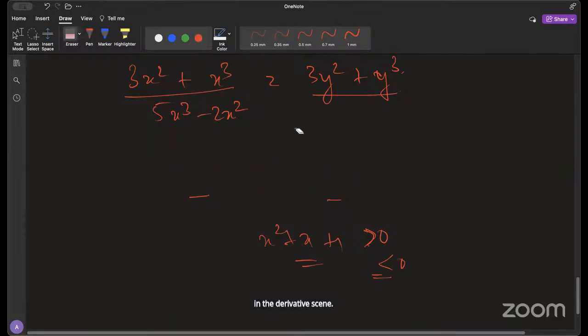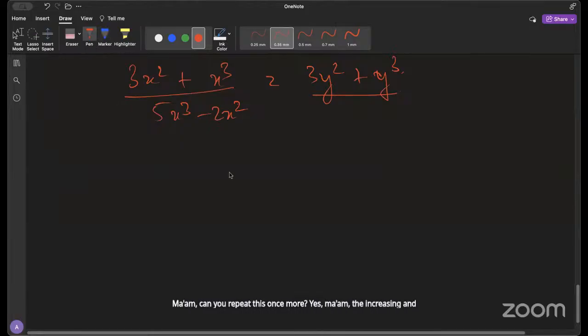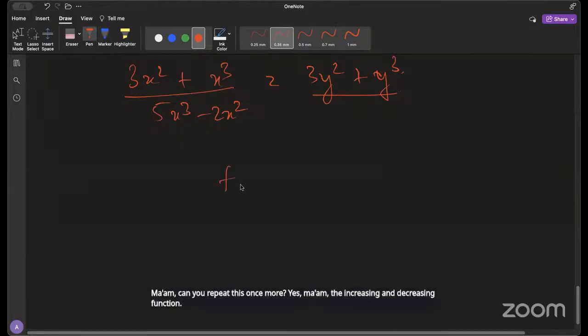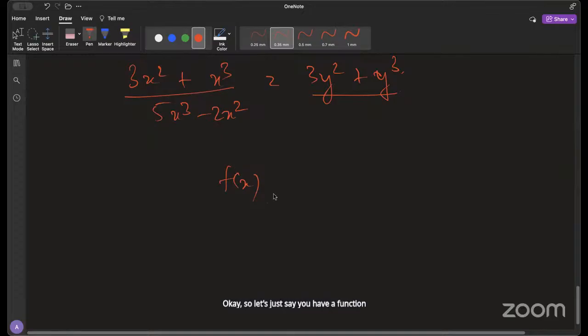Can we proceed with this question, or are there any other things? Ma'am, can you repeat this once more? The derivative one? Yes, ma'am, the increasing and decreasing function. So let's say you have a function f x and you take the derivative of this.